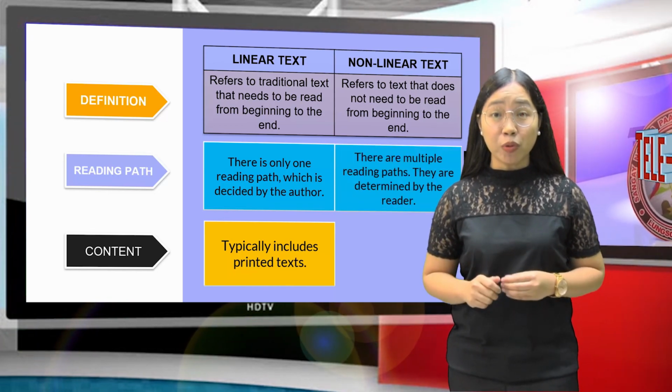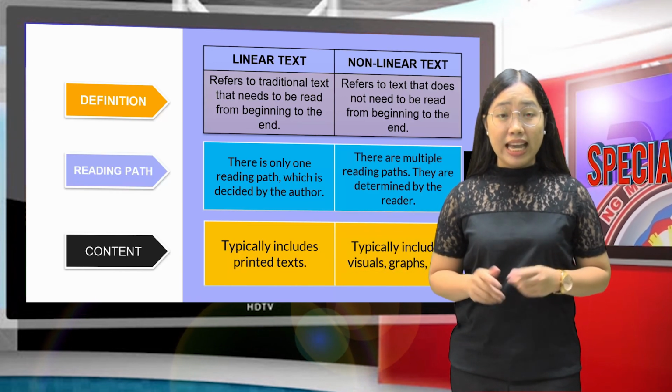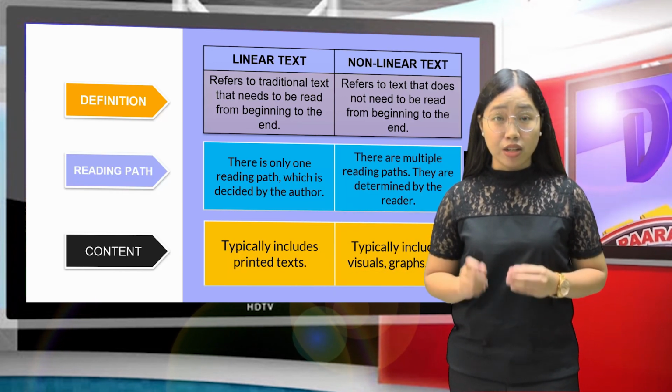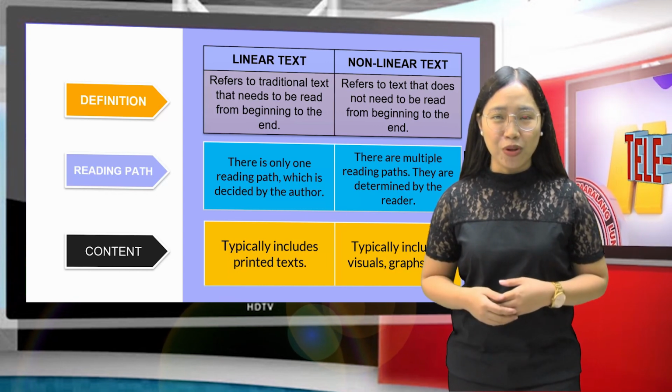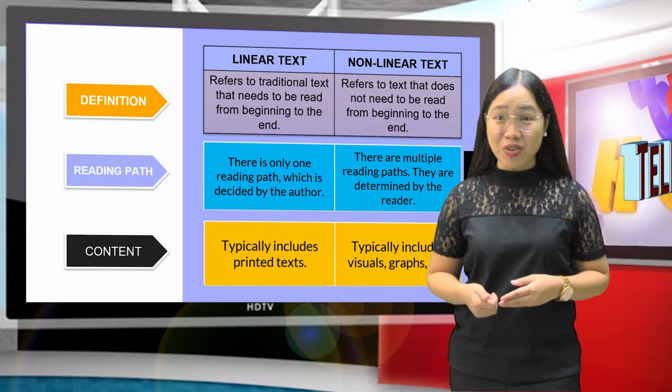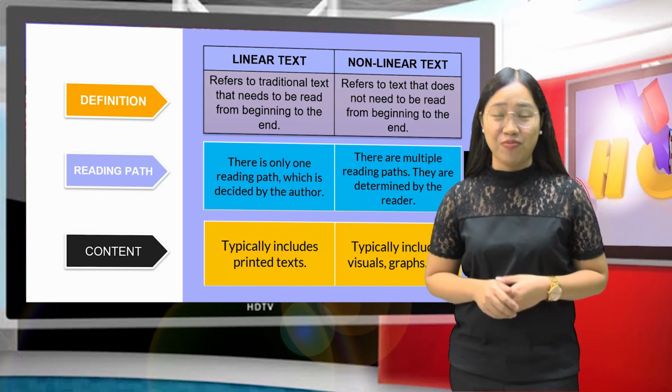There are multiple reading paths. They are determined by the reader. It typically includes visuals, graphs, and other figures. It is indeed helpful to be able to interpret and transcode information from linear to non-linear text and vice versa.